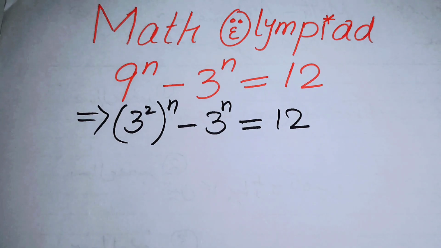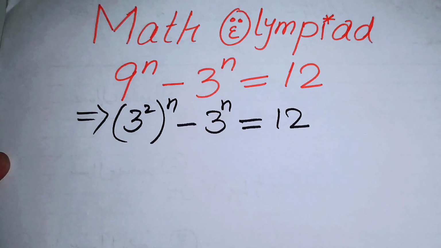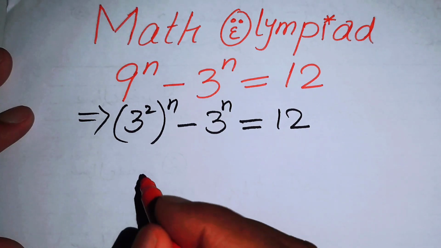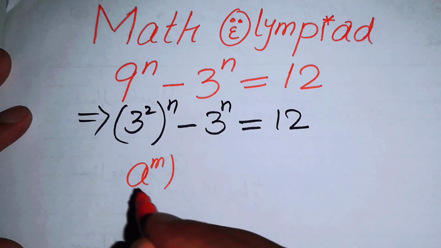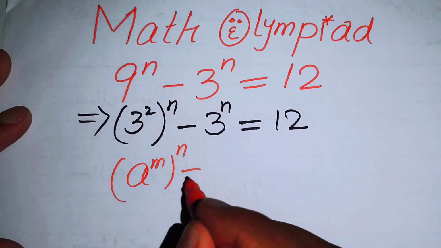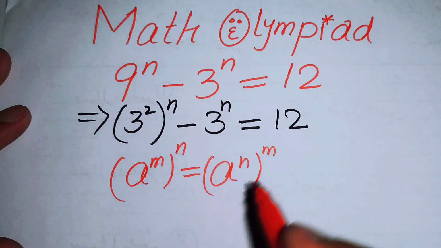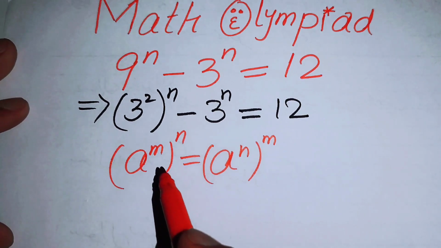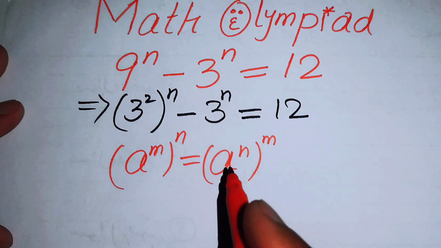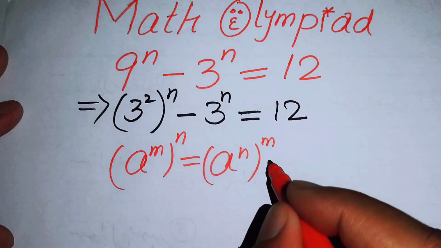And in the next step we will apply the nice exponential law, and you know about this law. If we have a to the power of m to the power of n, it is equal to a to the power of n to the power of m. It means that if you interchange these two exponents, it will always give the same answer.